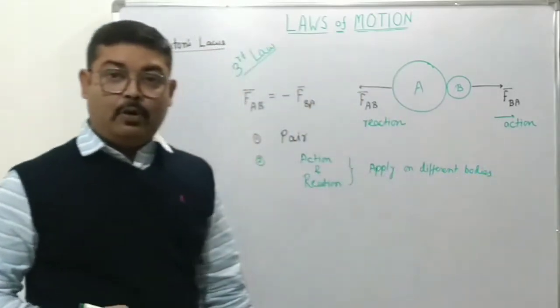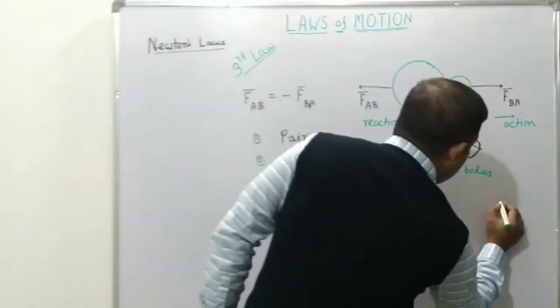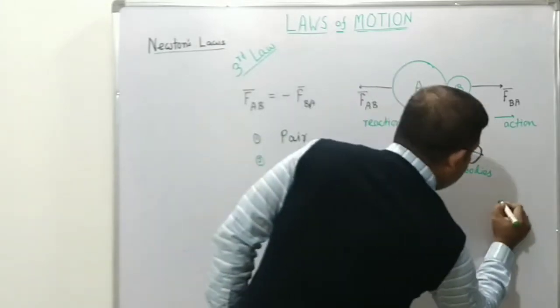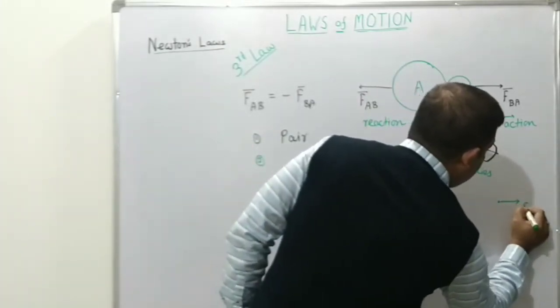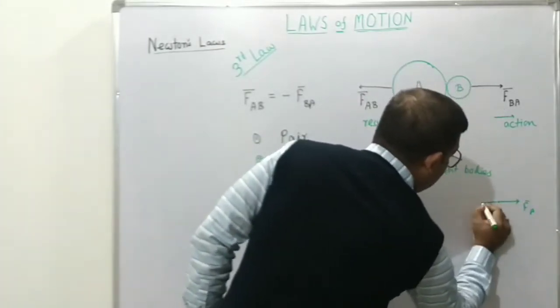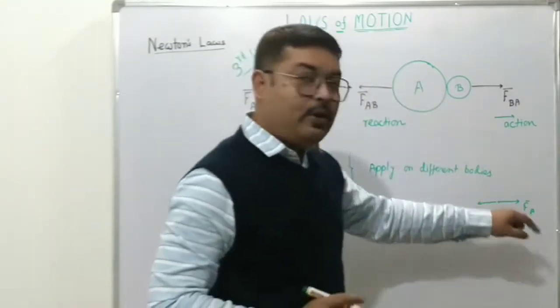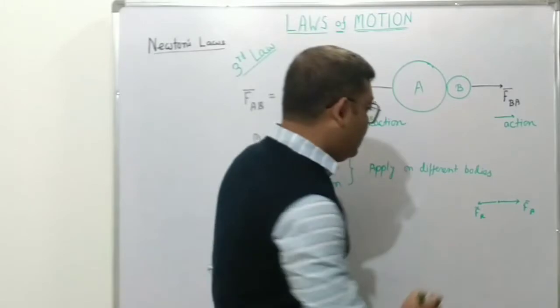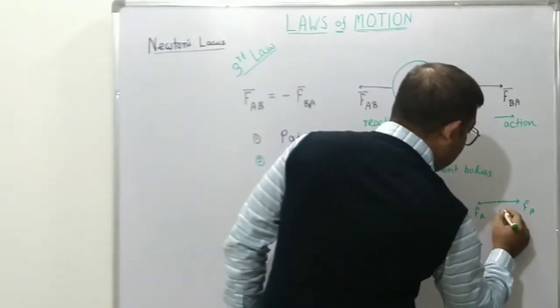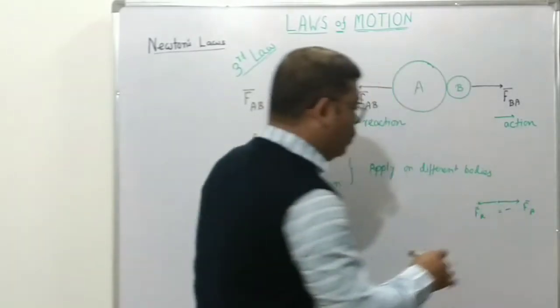Why not on the same body? Let's say this is the body where action is applied here, F action, and F reaction is applied here. So if two equal and opposite forces apply on the same body, then the net force will be 0.